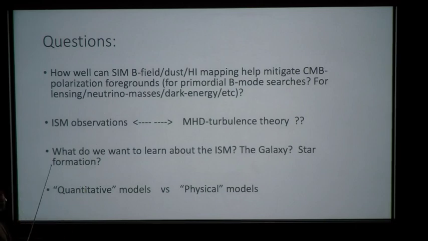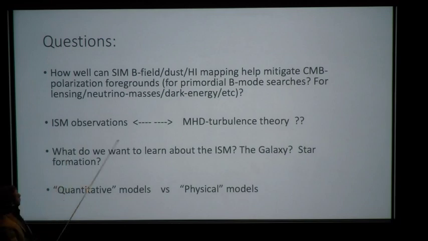So, how well can the types of ISM dust magnetic field maps that we've obtained from H-alpha, from infrared observations, etc., help mitigate the CMB polarization foregrounds?